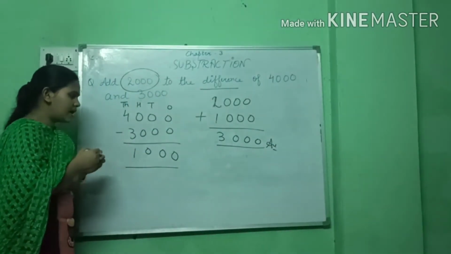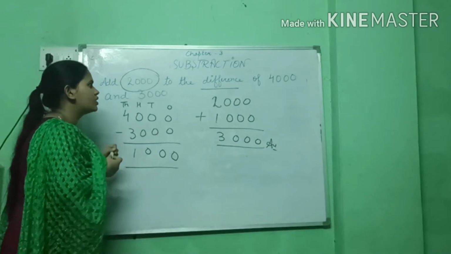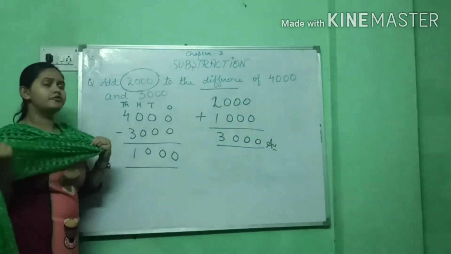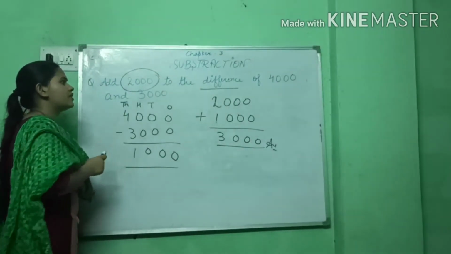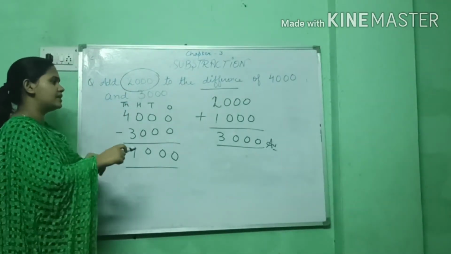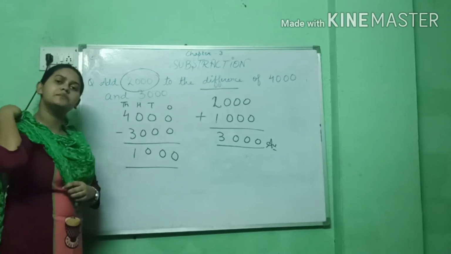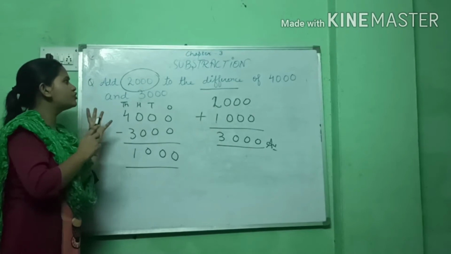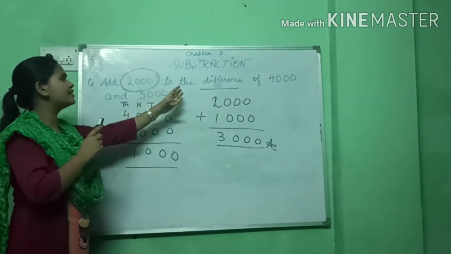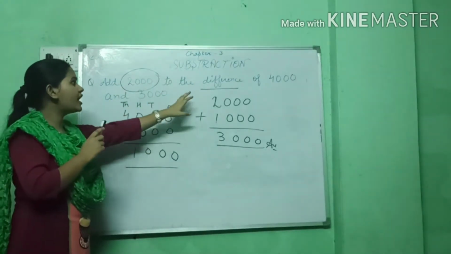In this sum, I just want to teach you that firstly, we have to understand the statement. Then we are able to solve the sum. There is a confusing point: add 2000 to the difference, which means we have to add the difference.